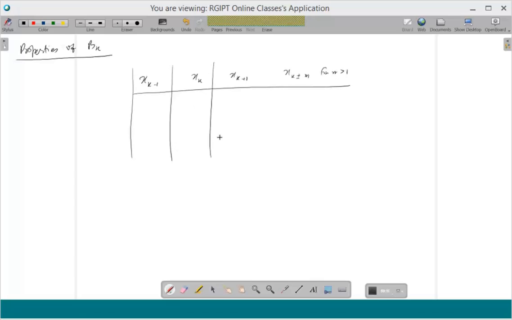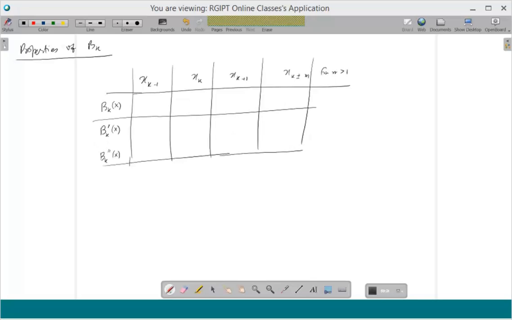I'm going to look at three quantities: the value of Bk of x, the first derivative Bk prime of x, and the second derivative of x at these grid points. Remember, Bk is a function defined at points intermediate between grid points.